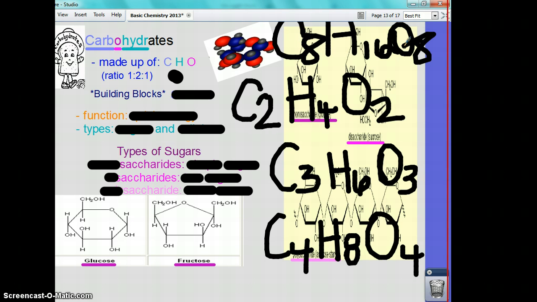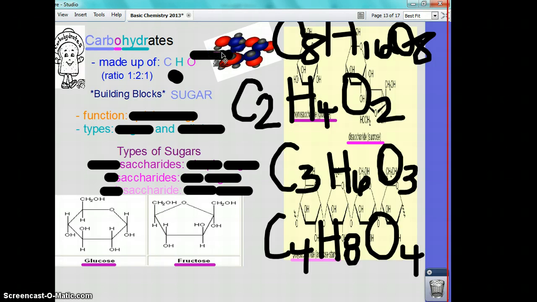All right. Now, what is the function? When you think of a carbohydrate, tell me anything that comes to your mind. If you think of a carb. Food. What kind? Fattening. Like grains. Sugar. The building blocks of carbs are actually sugars.